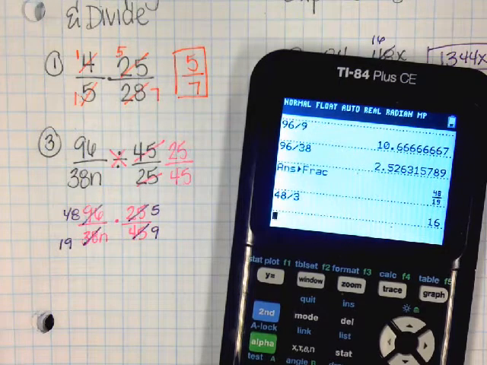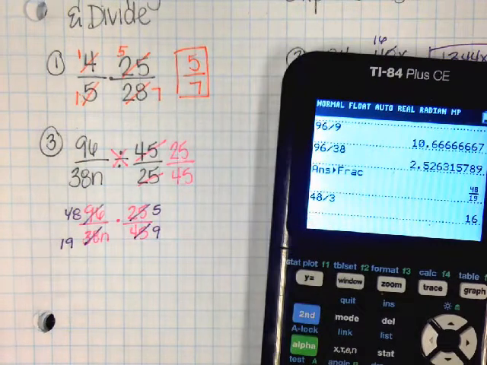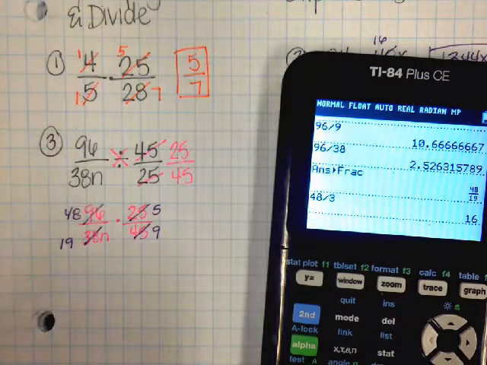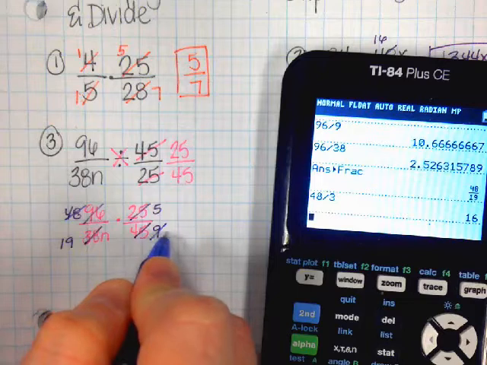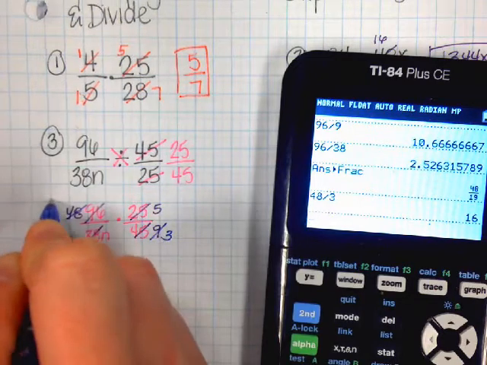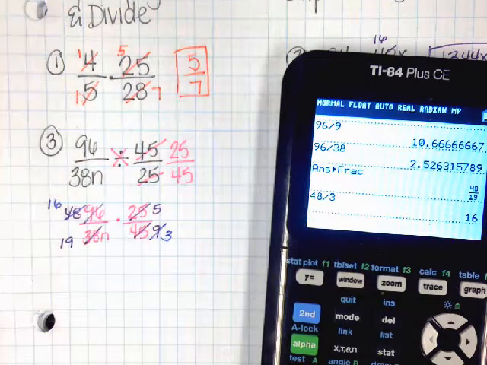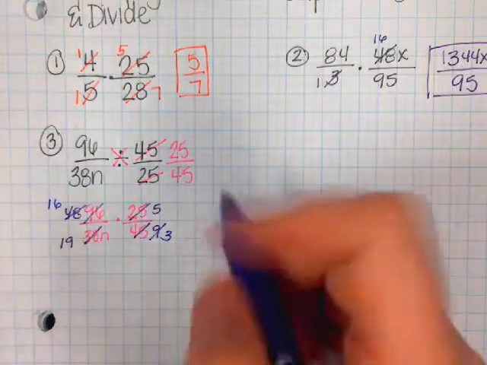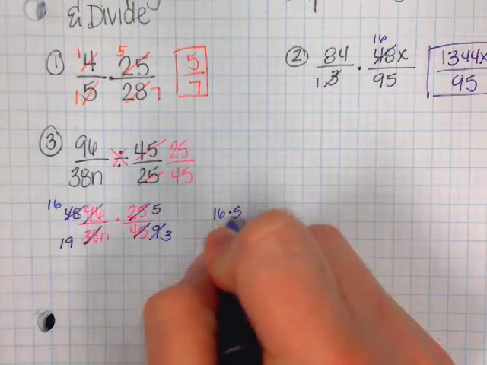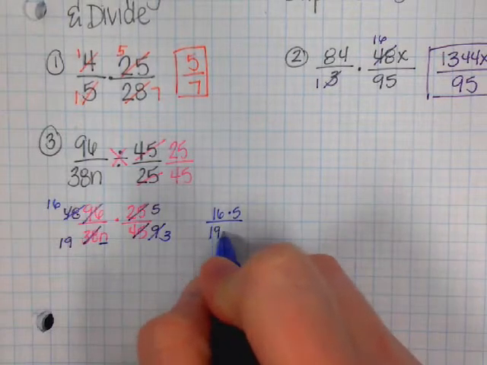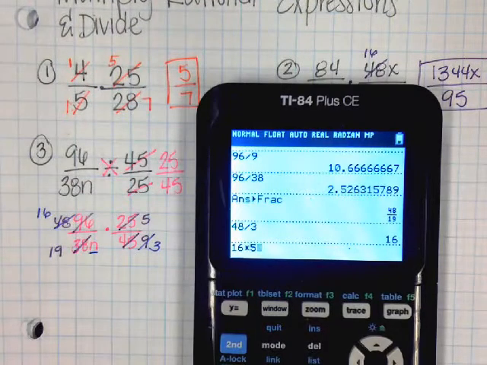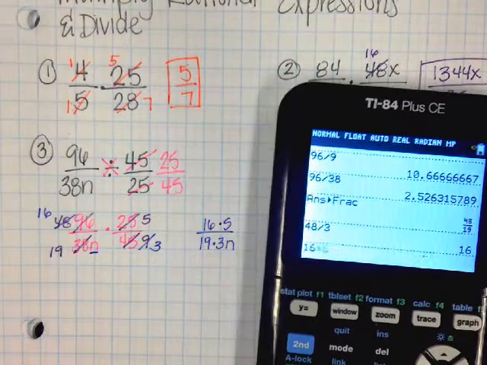48 and 9. 48 is not divisible by 3. Oh yeah, it is. Whoops, my bad. So then there's one more. 48 and 9. 9 divided by 3 is 3. 48 divided by 3 is 16. So then 16 times 5 over, don't forget about that little n right there, 19 times 3n.